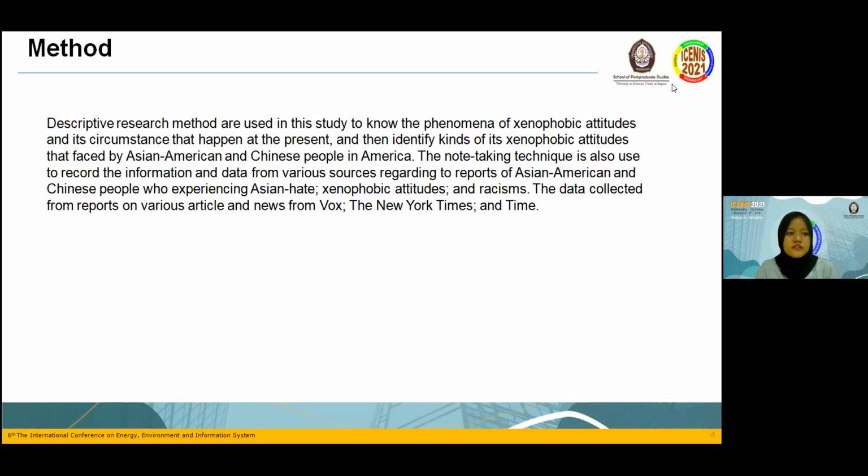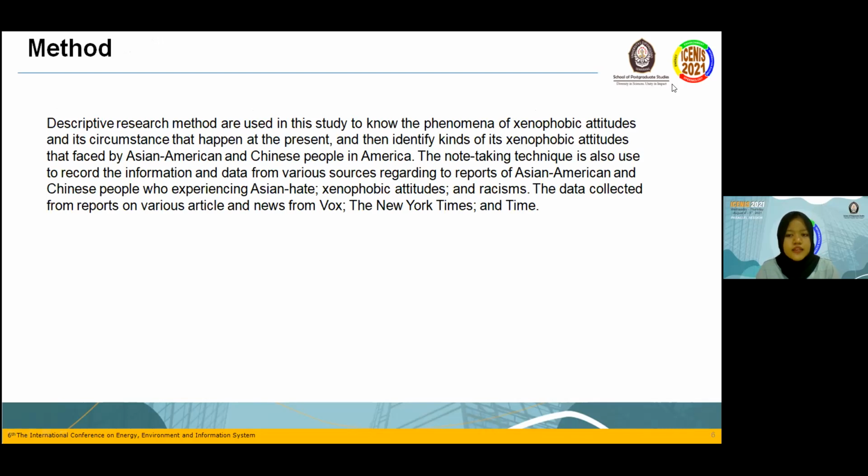The method I use is the descriptive research method, used in this study to understand the phenomenon of xenophobic attitudes and the circumstances that happen at present, and then identify the kinds of xenophobic attitudes faced by Asian American and Chinese people in America.